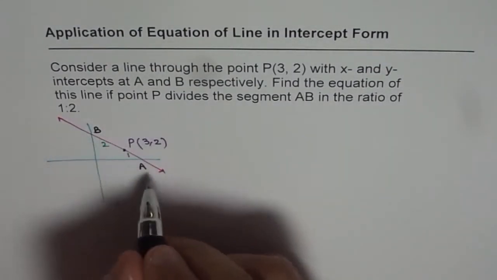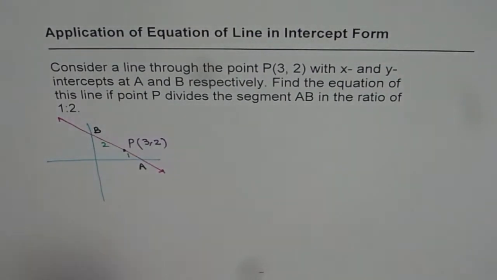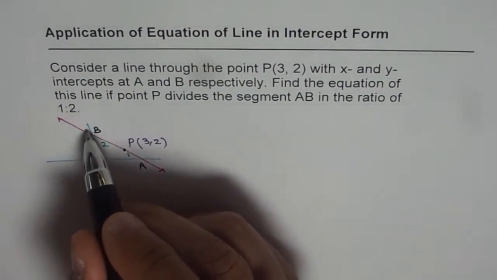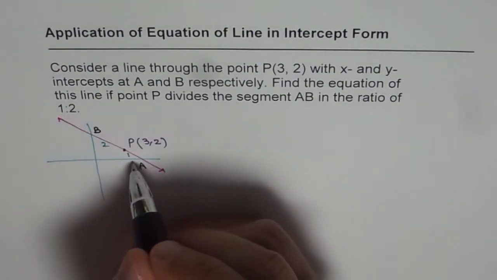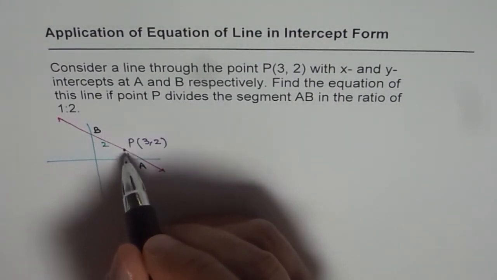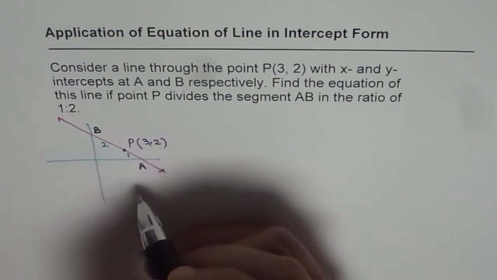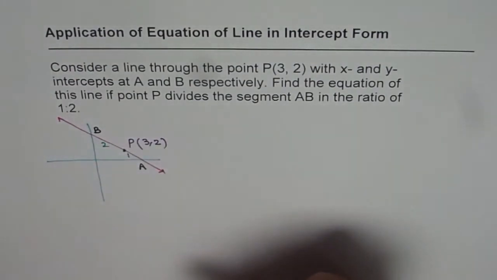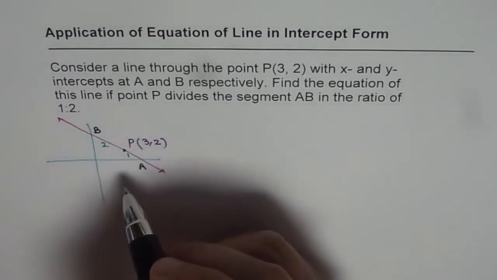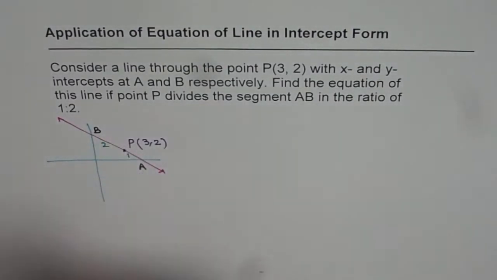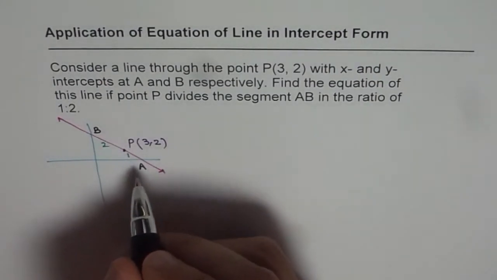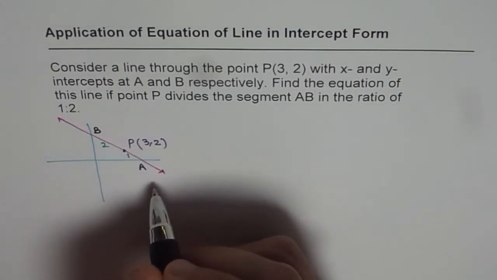If you make two triangles, the sides will be in the ratio of 1 to 2. Now from the similar triangles, you can always get a relation between A, B and P, so we'll utilize those to relate the x and y intercepts here.